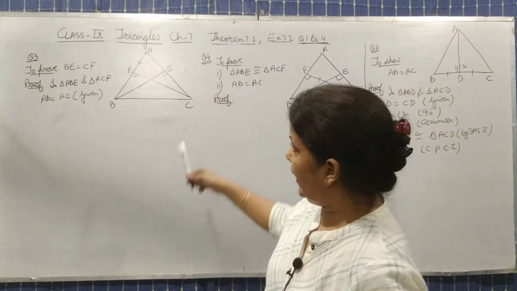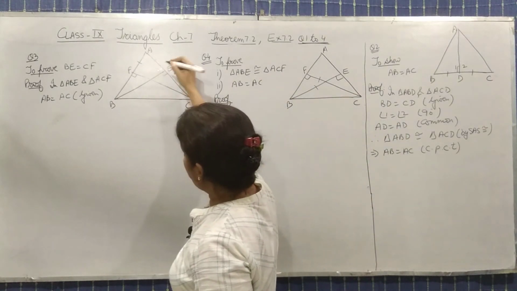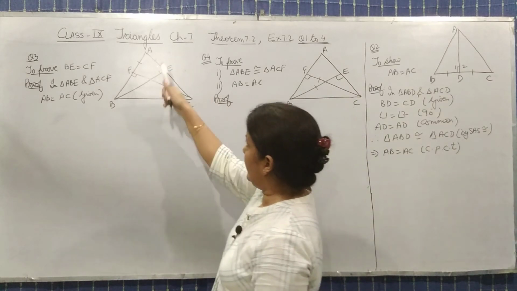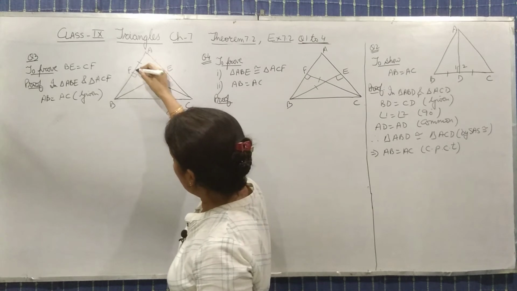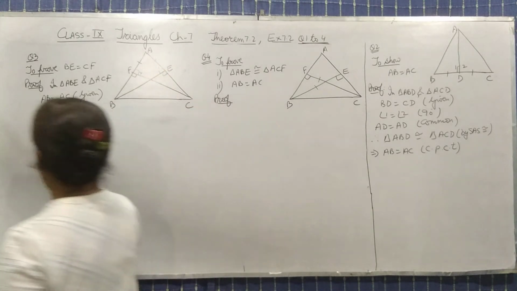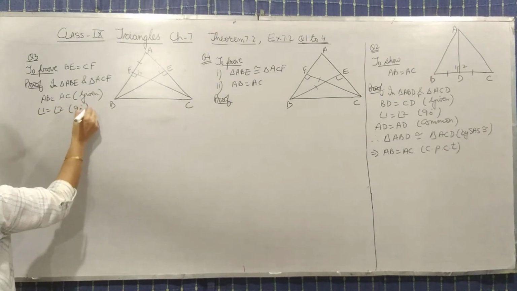This is given. What else? In triangle ABE, this is 90, so this will also be 90. Let it be angle 1. And in triangle ACF, this is 90, so this is also 90. Let it be angle 2. So angle 1 equal angle 2, 90 degree.